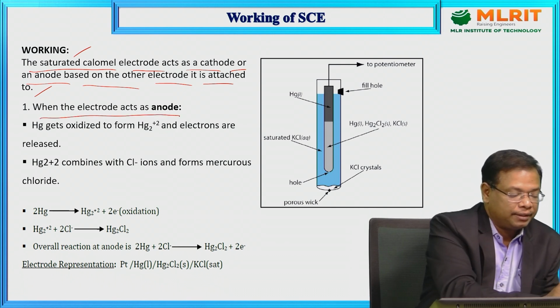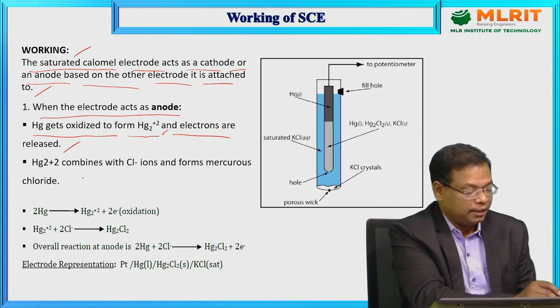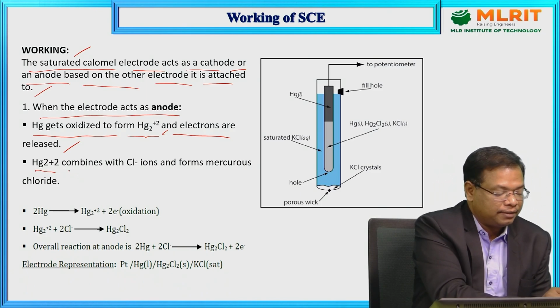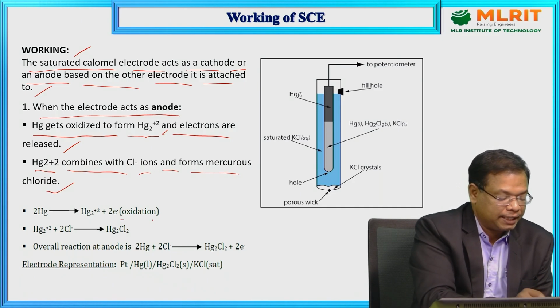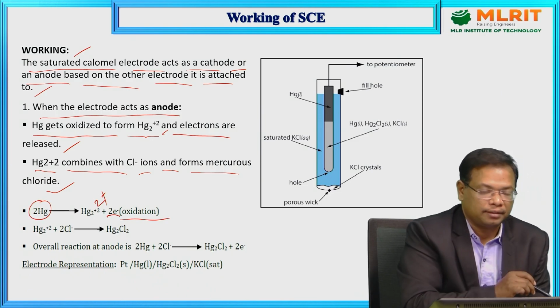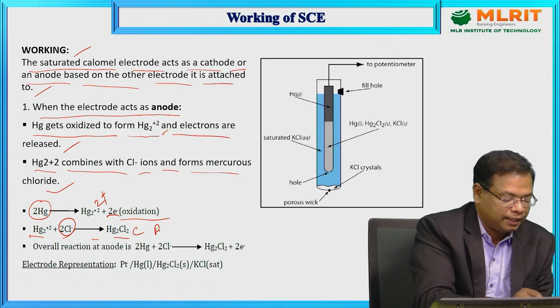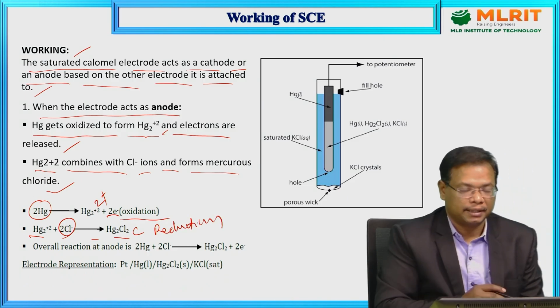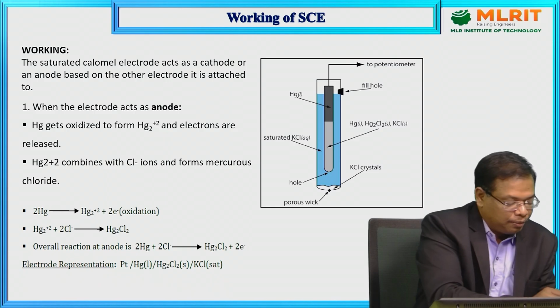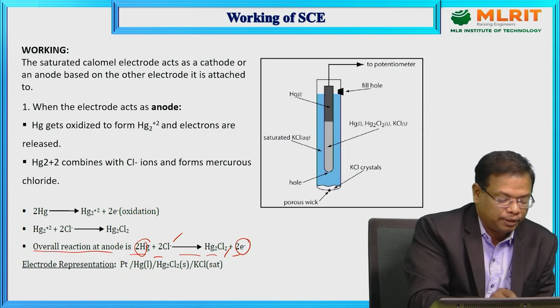When the electrode acts as an anode, mercury gets oxidized to form Hg2 2+ and electrons are released, and Hg2 2+ ions combine with Cl- ions to form mercurous chloride. 2Hg gives Hg2 2+ and 2 electrons, and Hg2 2+ plus 2 Cl- gives Hg2Cl2. The overall reaction at the anode is 2Hg plus 2 Cl- gives Hg2Cl2 plus 2 electrons.